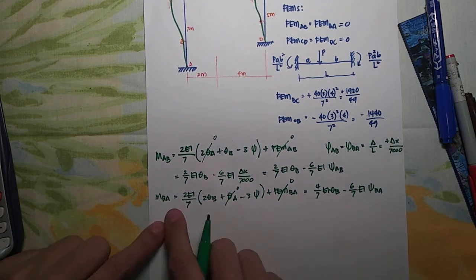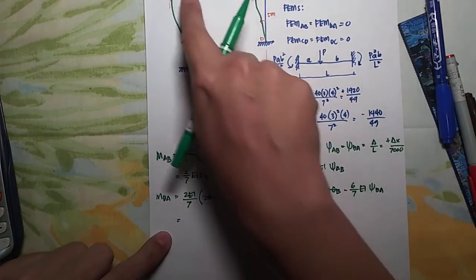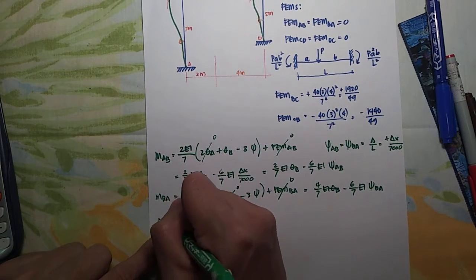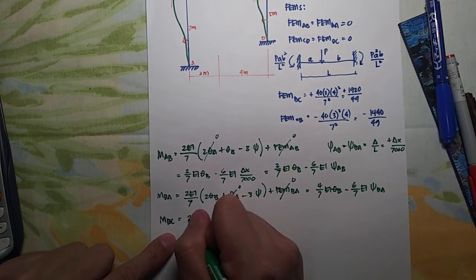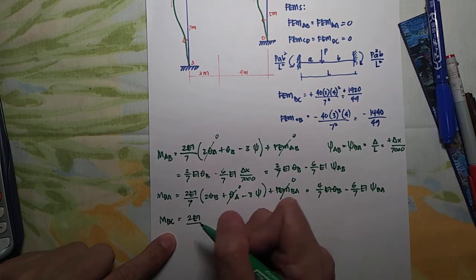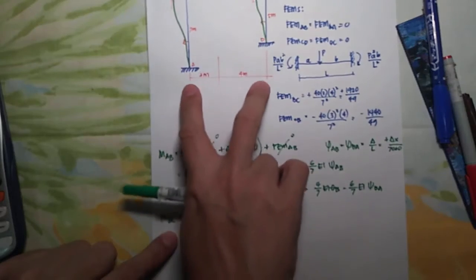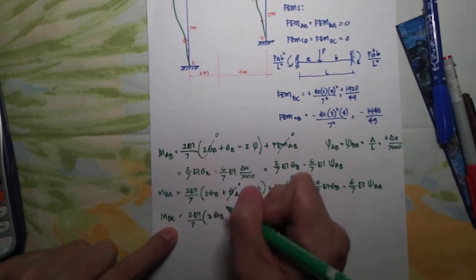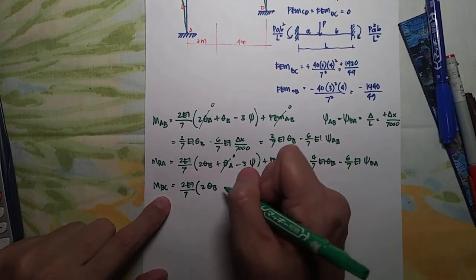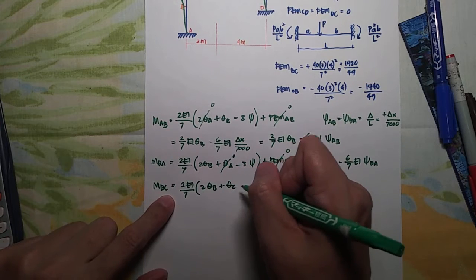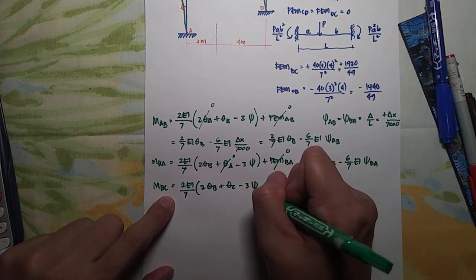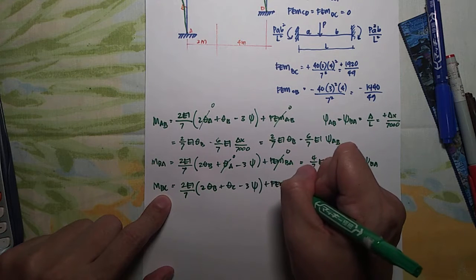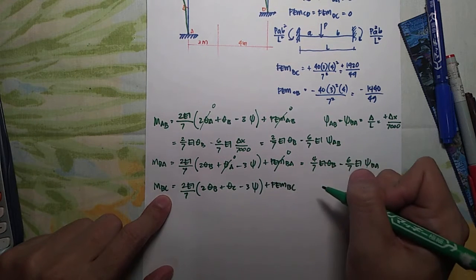Now, next. How about for BC? Moment on BC. So that would be 2EI over, again, 7 meters, twice theta B plus theta C, minus 3 psi BC, plus the fixed end moment on BC.